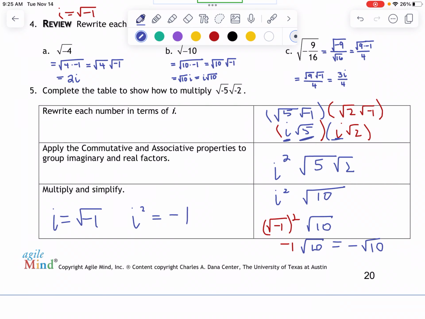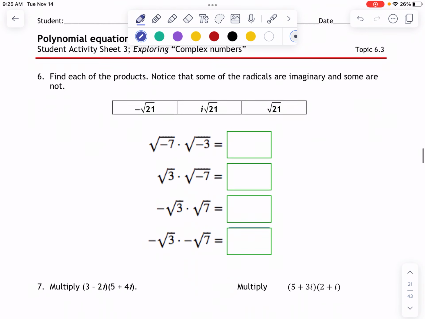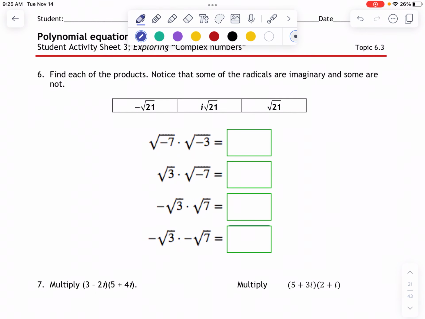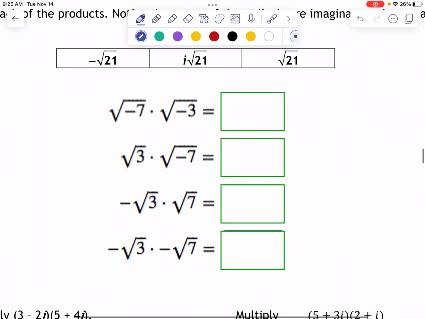All right, so we can do a bunch of things with i, and we'll come back to that in just a second. All right, so now we're going to multiply these things together and find our products. Notice that some of our radicals are imaginary and some are not. So if we were going to combine this together, the square root of -7, I know I can rewrite as i times the square root of 7.